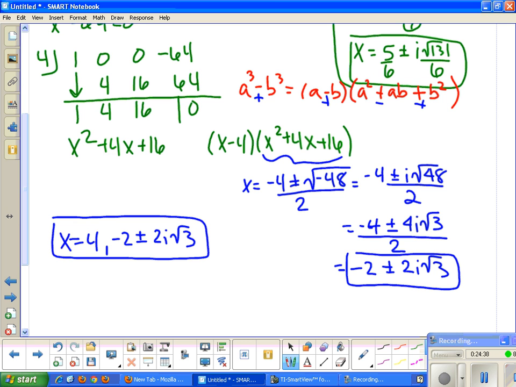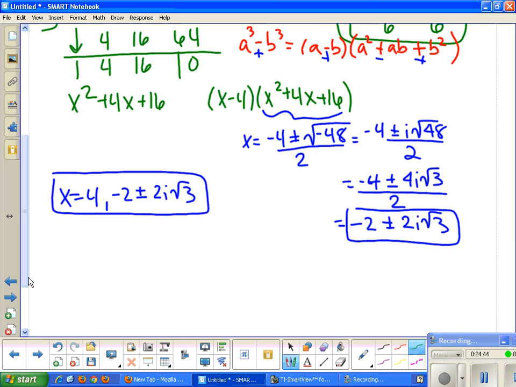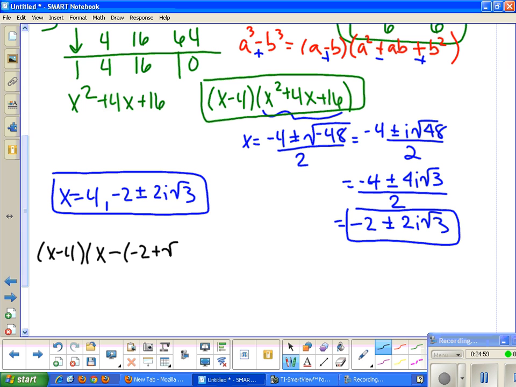If it then asks to write this in factored form, then our factored form, completely factored over the set of real numbers, would be this right here. But if we wanted to completely factor this equation over the set of complex numbers, it would be x minus 4 times x minus negative 2 plus 2i root 3, and x minus negative 2 minus 2i root 3, and then you could simplify that to make it look a little bit nicer.